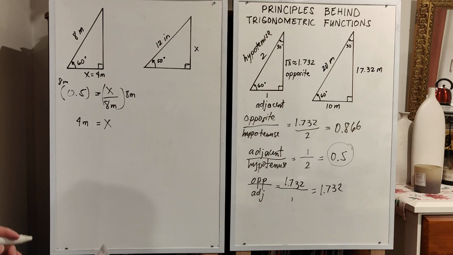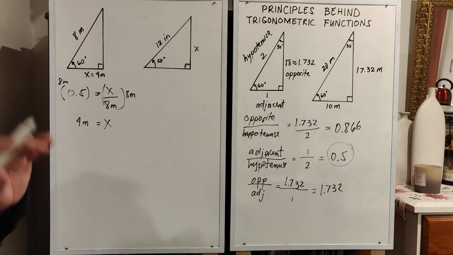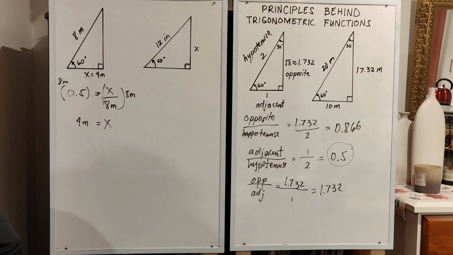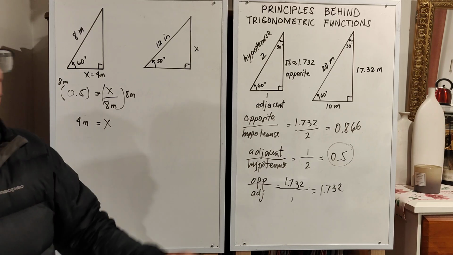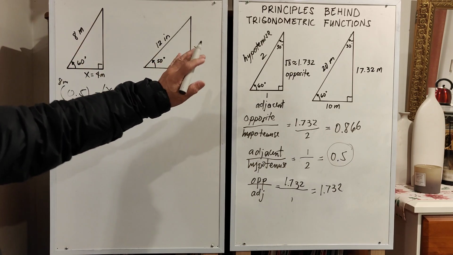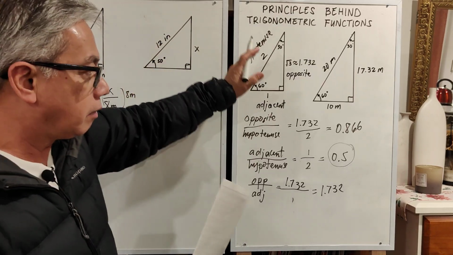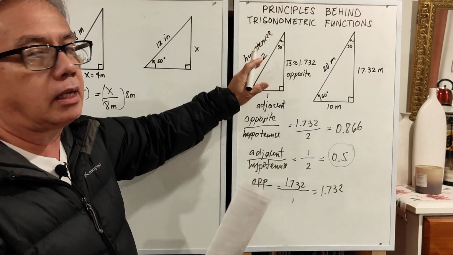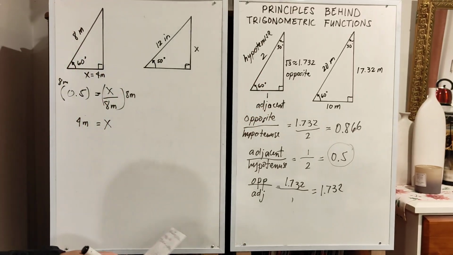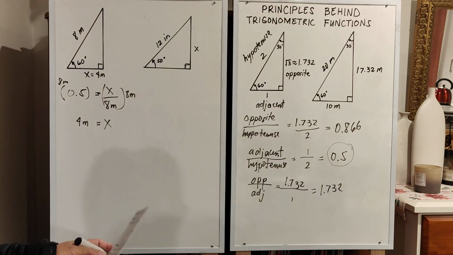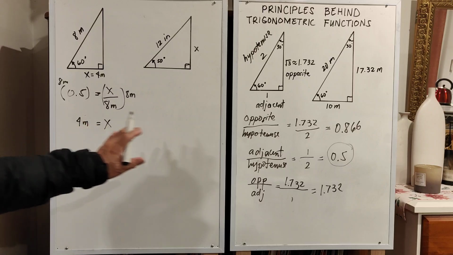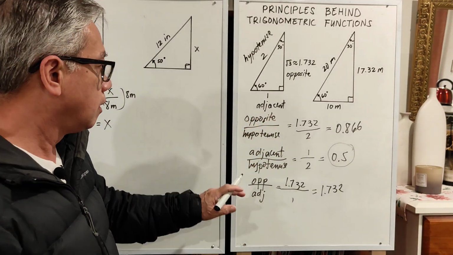Now, mathematicians have tabulated the ratios for every angle of a right triangle, every degree, every part degree. And they have put a name on these ratios.